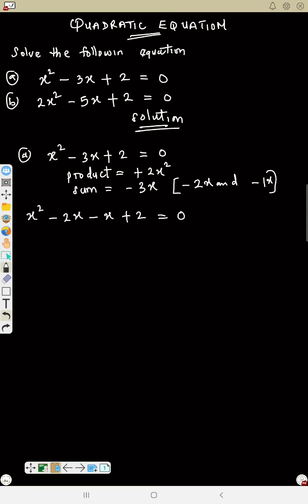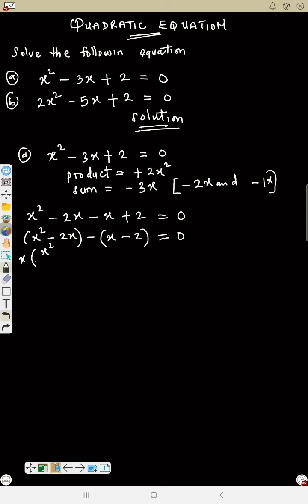Now for the first part, we bracket it: s squared minus 2s. Then minus, I said anytime you have minus and you open a bracket, it must multiply this. Minus times plus is minus, so I'll have s minus 2. That minus times minus will give us plus back. So anytime you have minus and you open a bracket, please remember the sign will change. So now what is common here is s.